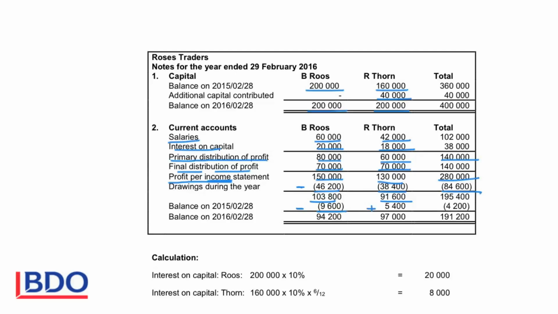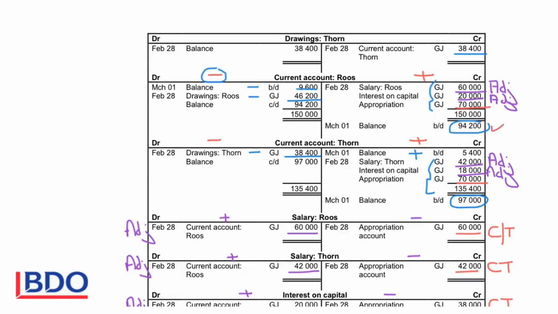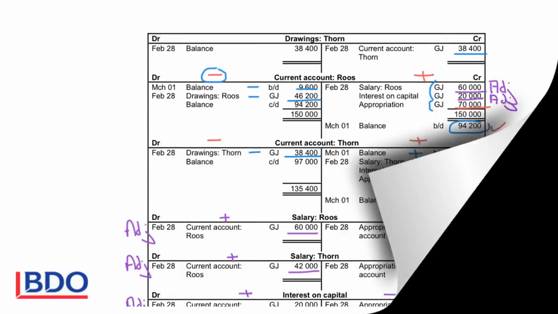And then we can calculate what our closing balances are. If we complete the note for the current account, the amount that we get in this note must be equal to the balance in the current account, otherwise you made a mistake. And if we look at these balances, we see that they are correct.